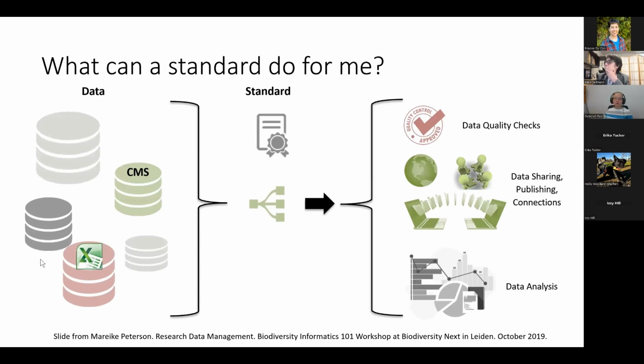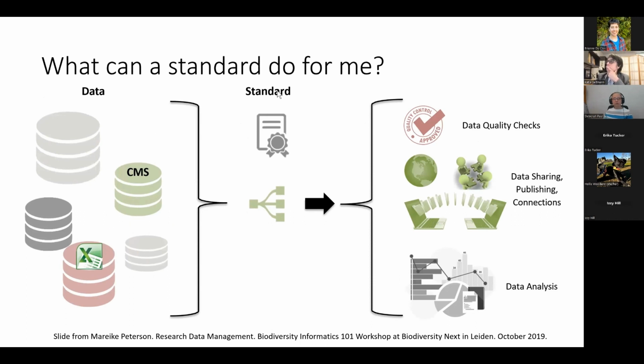On the left, this is what we often see: data in different places, but not connected. You have data in your own local data store, be that your local computer, your university data store, your computer at home, spreadsheets, or a database that's not connected to other databases. If you yourself wanted to pull data from those different sources, you would have to do a lot of work to get there.